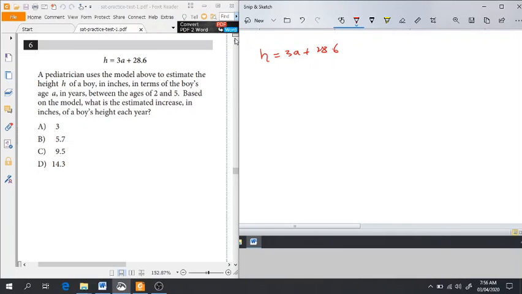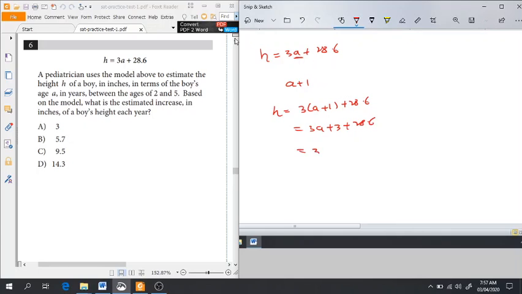So now what is the estimated increase in the boy's height each year? If I consider A is the current age of the boy, what will be his age next year? It's gonna be a plus 1. And if you replace a with a plus 1, then it will be the height of the boy next year. So 3 times a plus 1 plus 28.6, this can be written as 3a plus 3 plus 28.6.